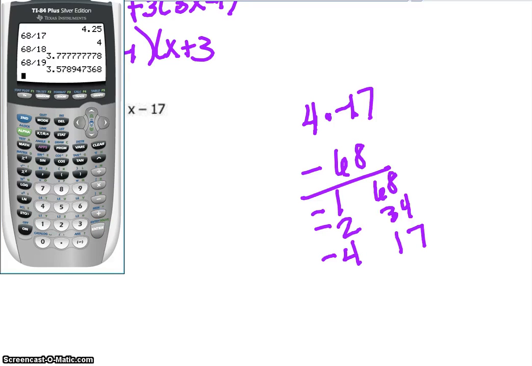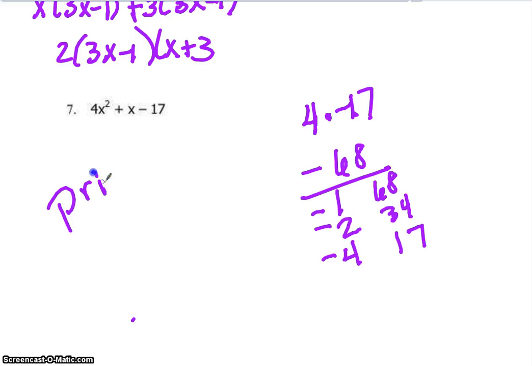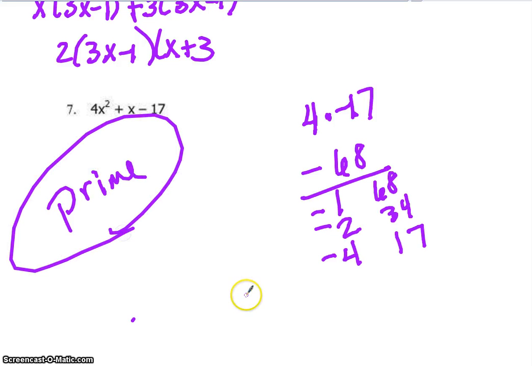It's looking to me like nothing is going to work, and so that means that your answer here is going to be prime. There's nothing you can do to break it down.